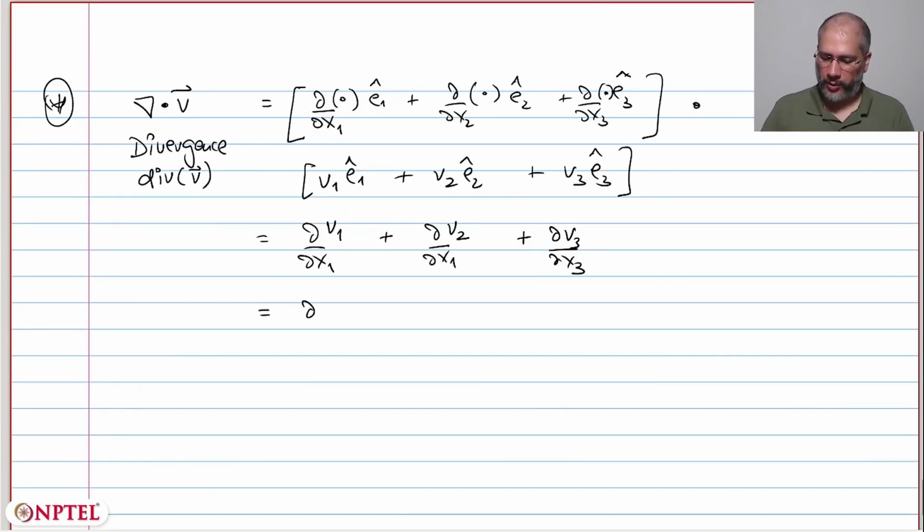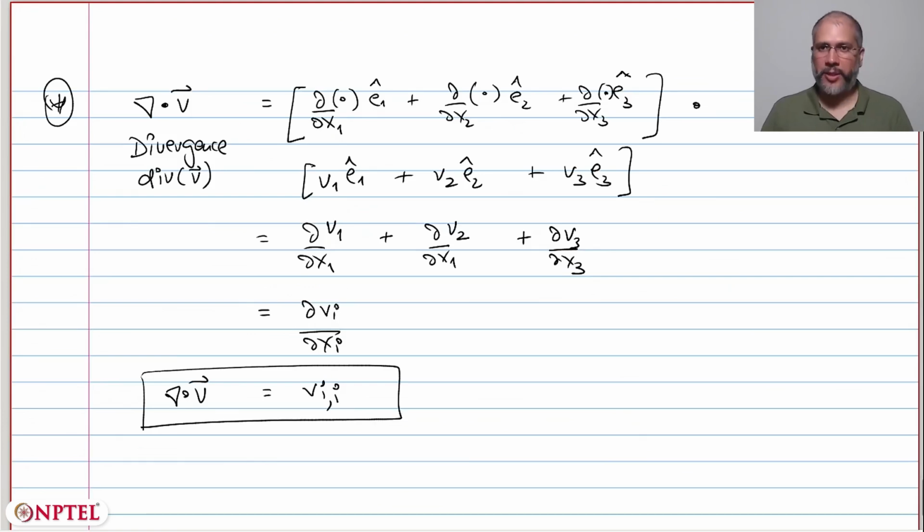Using the summation convention, this can be written as del vi by del xi, and using the comma notation, this becomes vi comma i. So divergence of v, that is del dot v, is vi comma i.